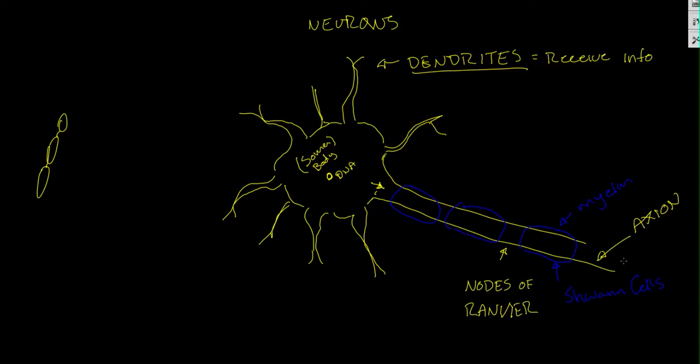And then at the end of these axons, I'll draw one coming off the other direction. And this again is the axon. We have the terminal. And these will connect to other neurons or other axons.